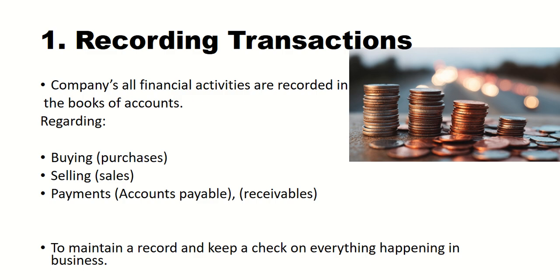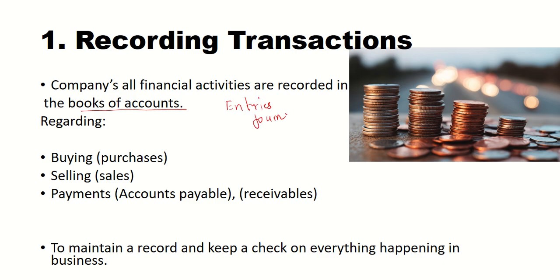In recording transactions, we are going to study in a little more detail what we are going to record. For companies, all financial activities are recorded in the books of accounts. You know that books of accounts are used in accounting. So an accountant uses a book where he records all the entries. For example, the entries might start with a journal.